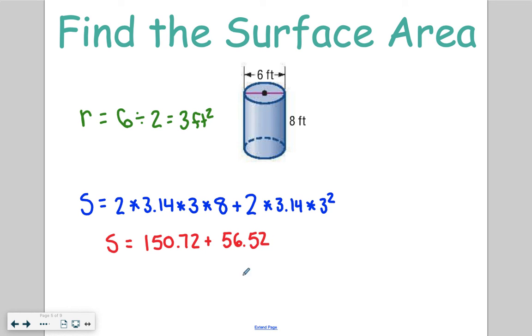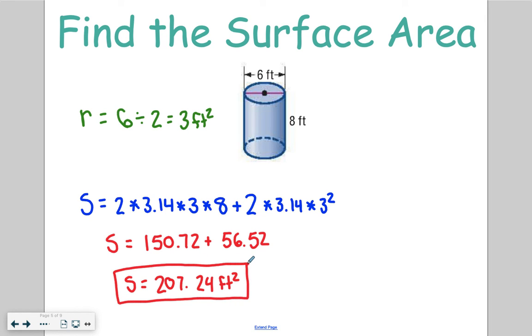When I add those up, I'm going to get a final surface area of 207.24 feet squared, which is going to be my surface area of that entire cylinder.